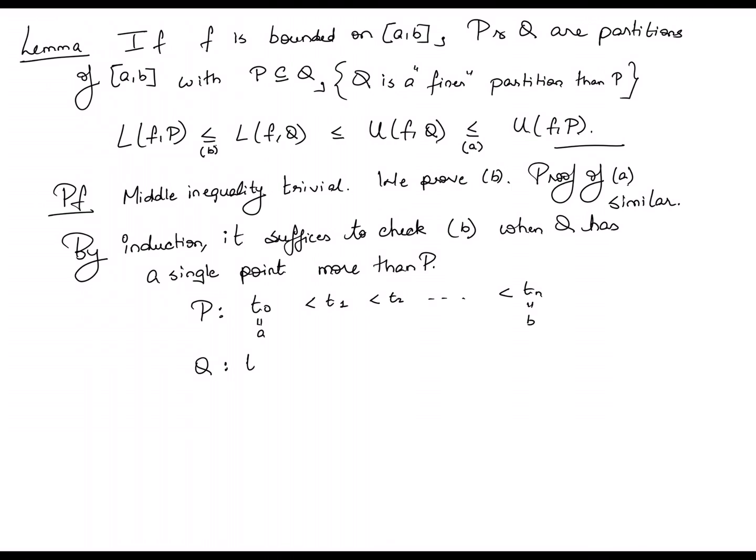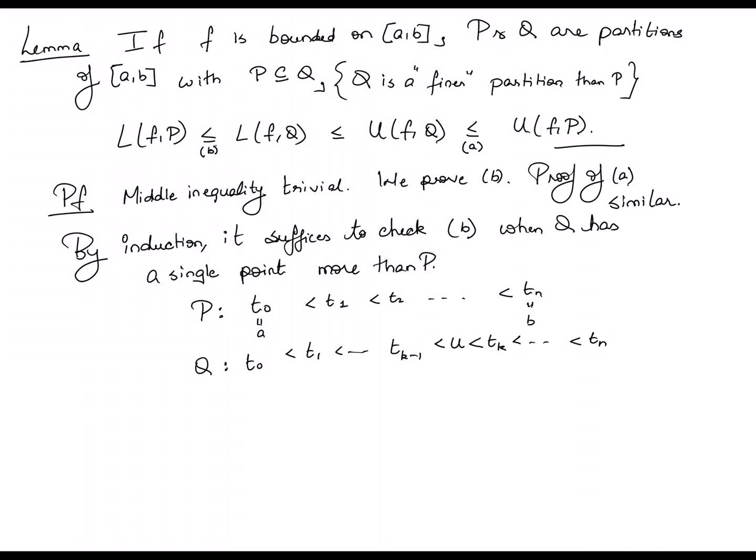It's going to be t0 less than t1 less than all the way up to t(k-1), which is less than u, which is less than tk, which in turn is further less than tn. Okay, so I have added in the partition Q exactly one extra point u, which lies between t(k-1) and tk in the original partition. Okay, so this is how we are going to set up the notation for P and Q.